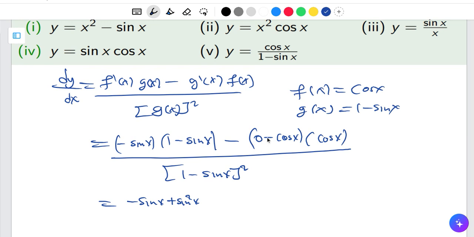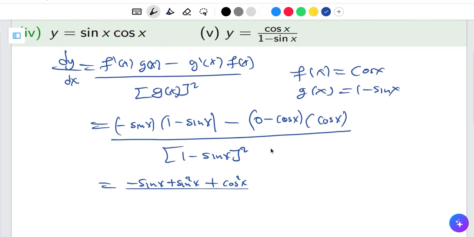Then cos multiplied by cos, that is plus cos squared x. Then divided by, on the down part, we have 1 minus sine x, and then we square it like this. Sorry, it is sine x, not sine squared x.